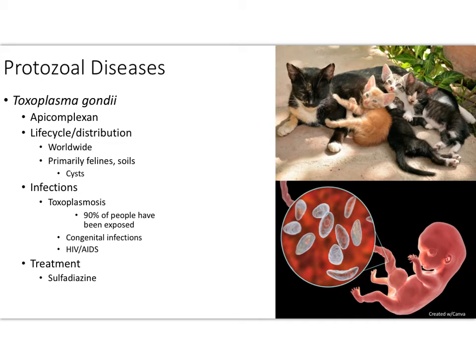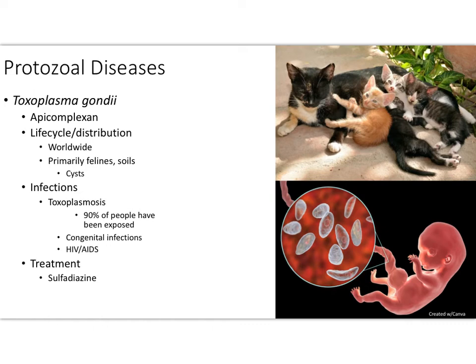That being said, there are some situations where this can be especially problematic. This is another organism that is one of the few that can cross the placenta into a developing fetus. So, like I said, there aren't very many that can do this. However, things like the bacteria that causes syphilis and this particular protozoa can do that.